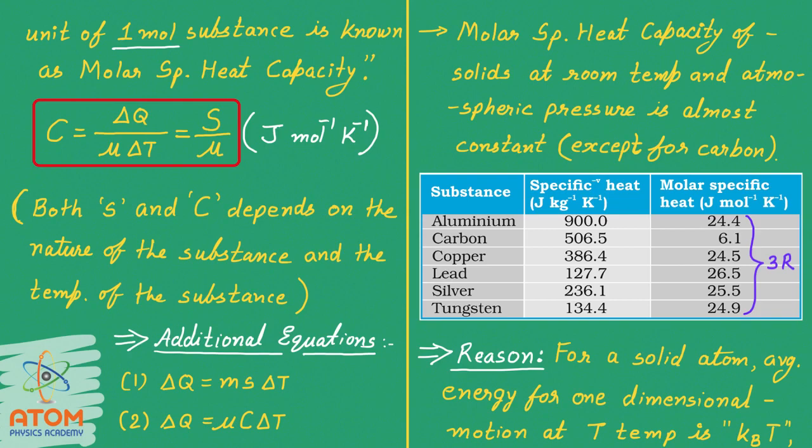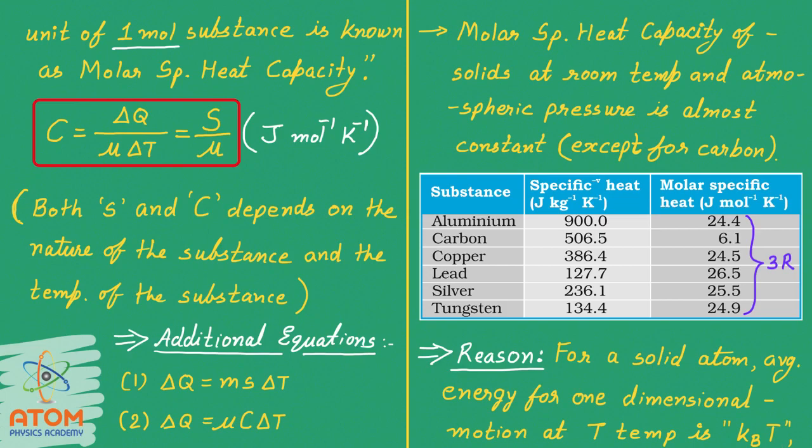Now, why it is so, that we are going to see here. See the reason. For a solid atom, the average energy for one dimensional motion at temperature T is given by kBT. Here kB is the Boltzmann constant and obviously T is the absolute temperature of the substance. Now, first of all, let me tell you that this equation will be coming in detail in chapter 13.